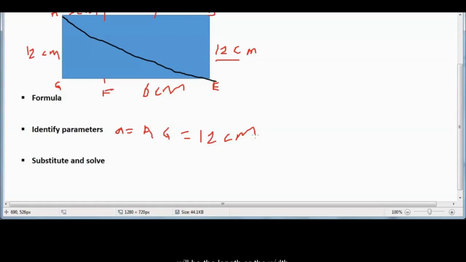B will be the length or the width from G to E. B is equals to GE. But there are two sections there. So what we need to do is to add them up together. That should be GF plus FE.